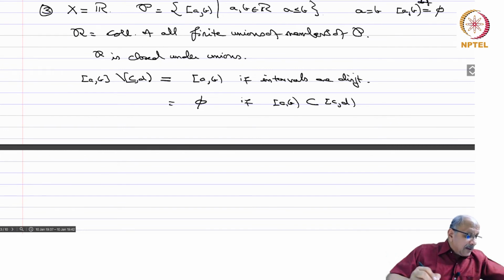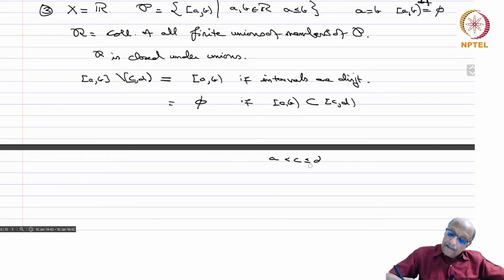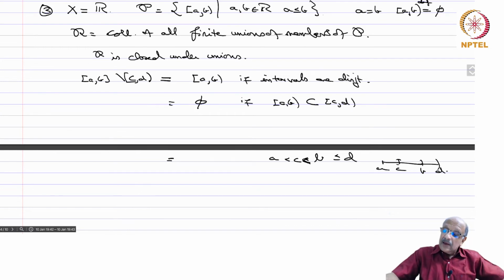And then if A is less than C, less than or equal to D, less than B, then you have [A,B) minus [C,D). So you have [A,B), and then C is somewhere here, and D is here. So [A,B) minus [C,D) is nothing but [A,C).